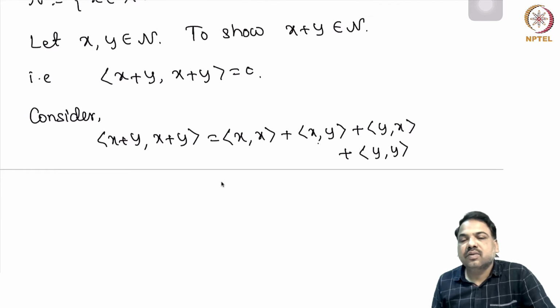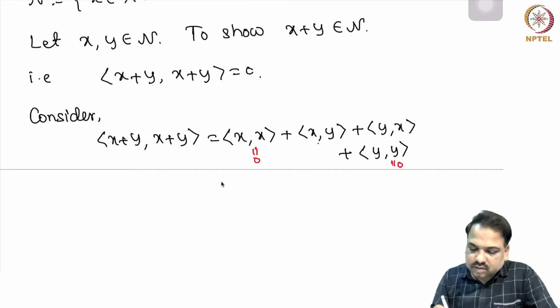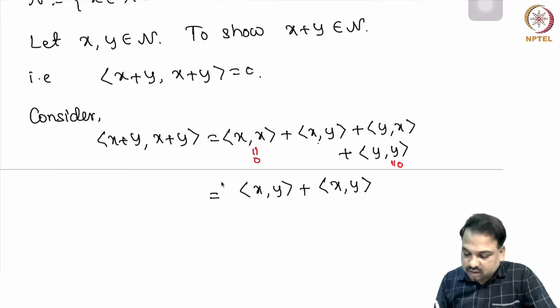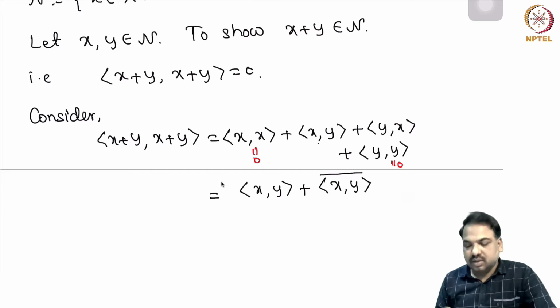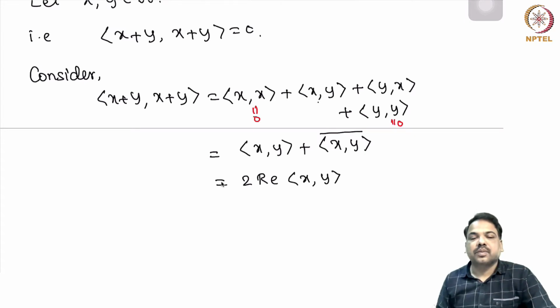Similarly, the semi-inner product of Y with itself is 0. So these two terms are 0, and we will remain with the semi-inner product of X with Y, and the second one we can write as the semi-inner product of X with Y bar when the field is complex. Otherwise we don't need to write this part. So this is 2 times the real part of the semi-inner product of X with Y.